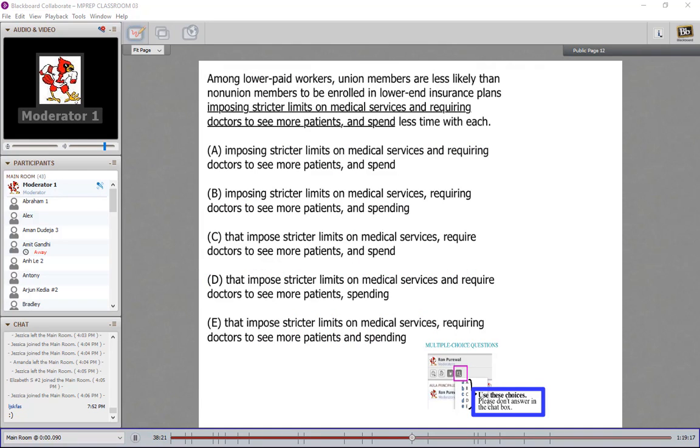So now let's think about this. Let's think about bullet points on a PowerPoint outline. Let's think about that here. Who can tell me what actually does get the same kind of bullet point in this sentence?